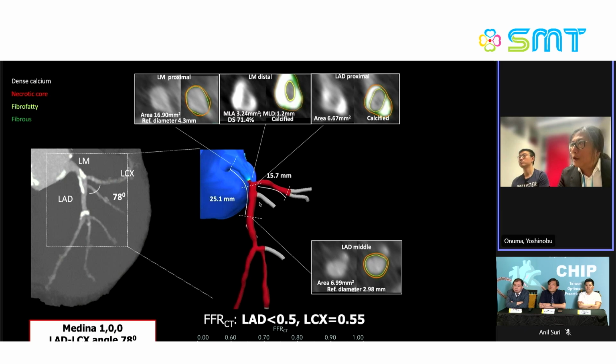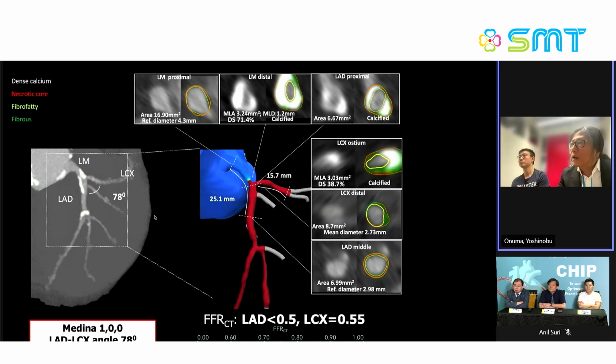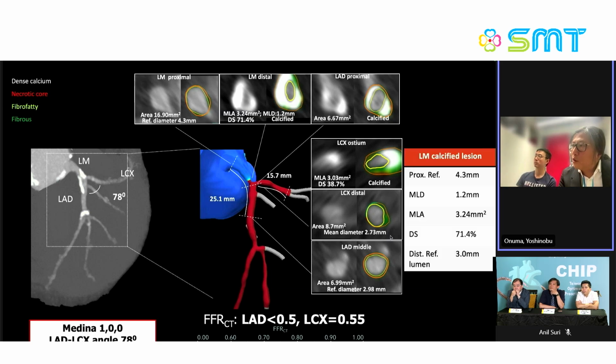LAD middle, after the left main disease, reference vessel diameter 3 millimeter. And for the circumflex, there was some plaque with calcification, but diameter stenosis was 39%, so maybe not too significant in terms of stenosis.